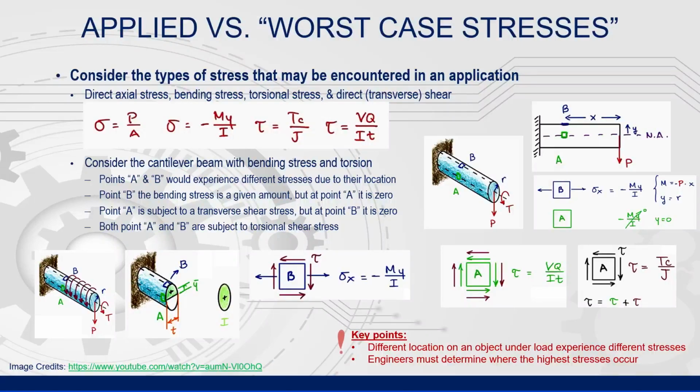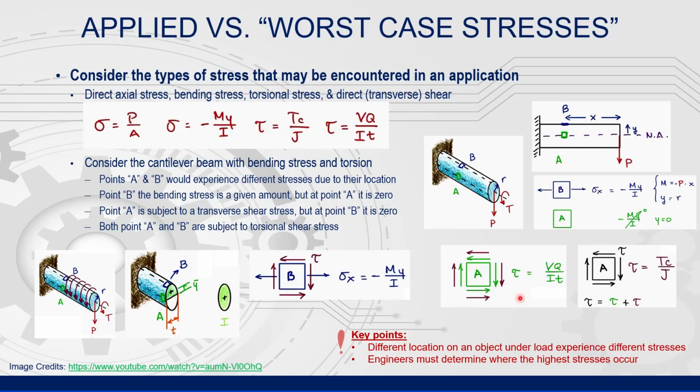In the diagram shown, we have identified 2 points, point A and point B. Based on the system loading, each location will experience different stresses. Thus, we need to create a separate stress element for each location.